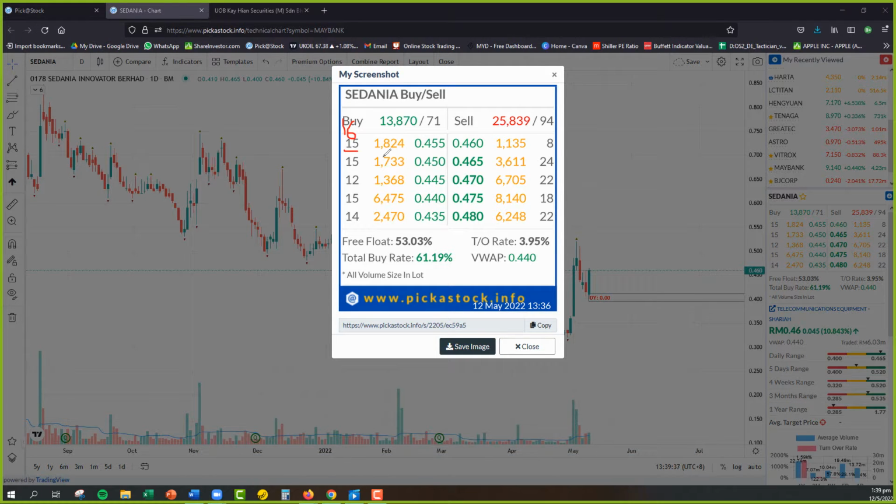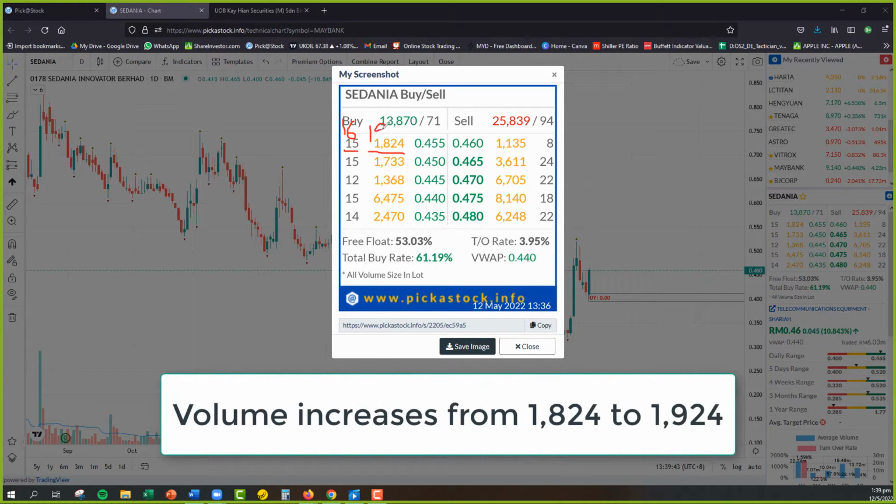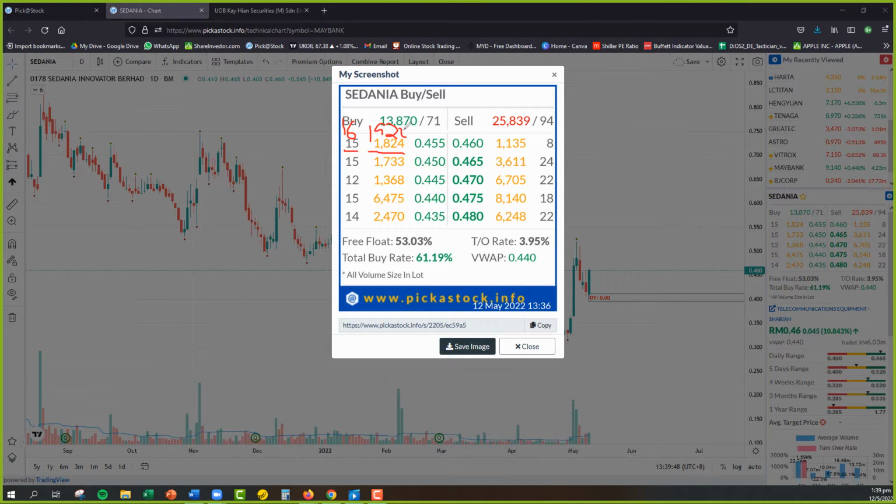And on the other hand, this particular column here, 1824, would have increased by 100 to 1924, to reflect that there is a new buyer, which is you, coming into the queue to buy this stock at 45.5 cents, and there is one extra 100 lots queuing right now to buy.